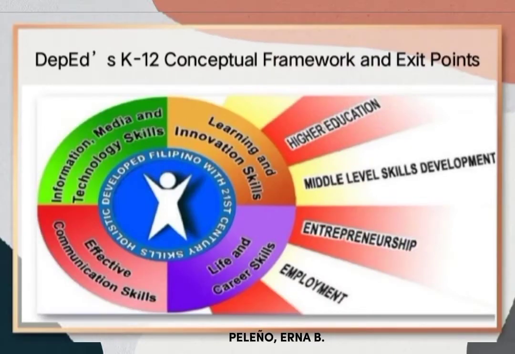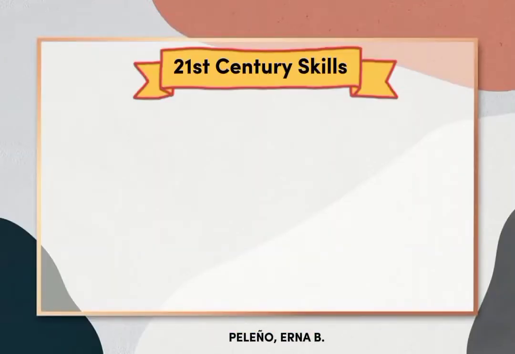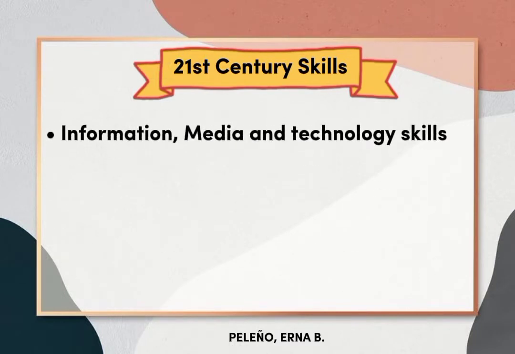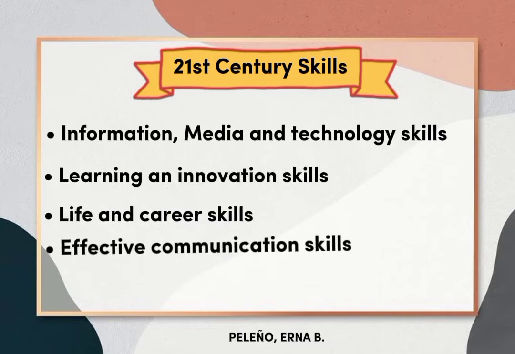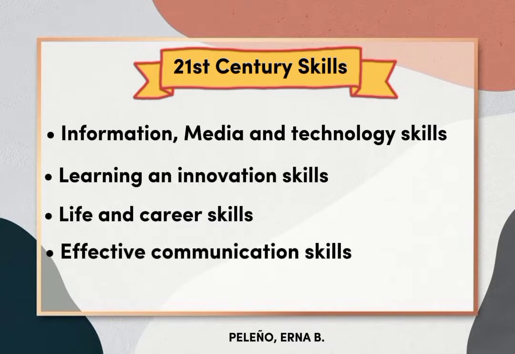This is the DepEd's K-12 conceptual framework and exit points, wherein it includes the 21st century skills. There are four skills that the 21st century learner should develop: first, information, media, and technology skills; second, learning and innovation skills; third, life and career skills; and lastly, effective communication skills.